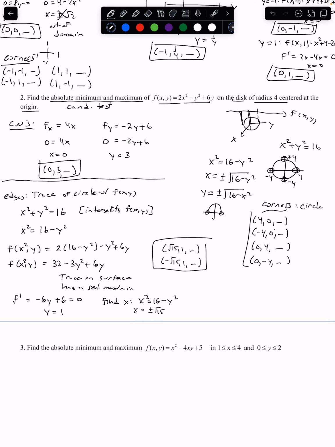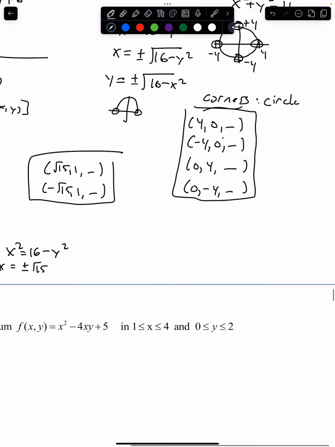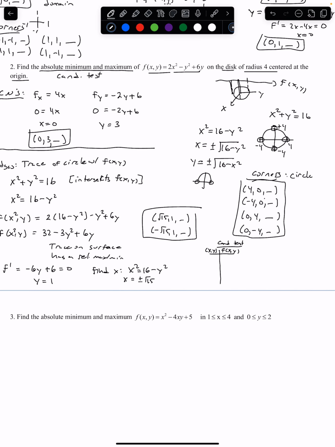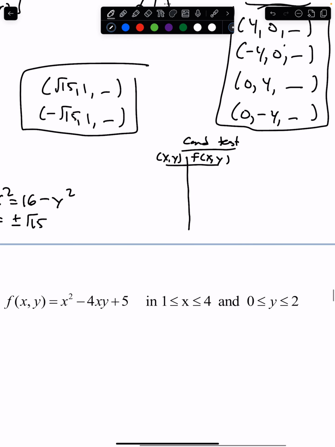So we have all of these points we have to check. I'm going to zoom in quite a bit. So to do the candidates test, we're going to take a look at each point and the value at each point. So remember, our first one was 0, 3.